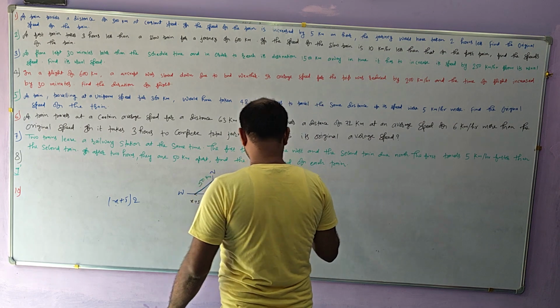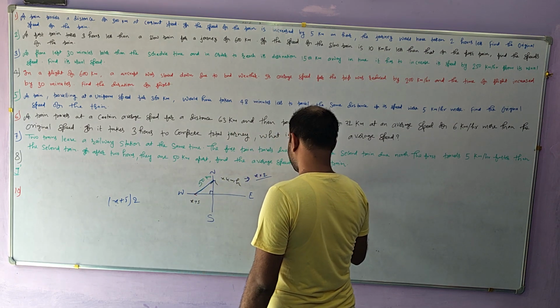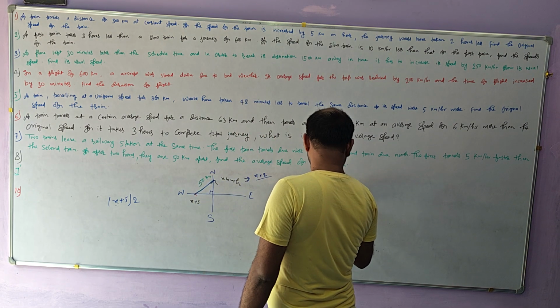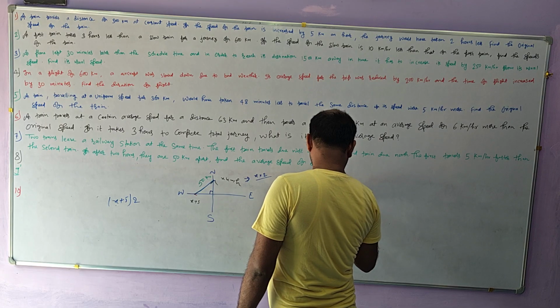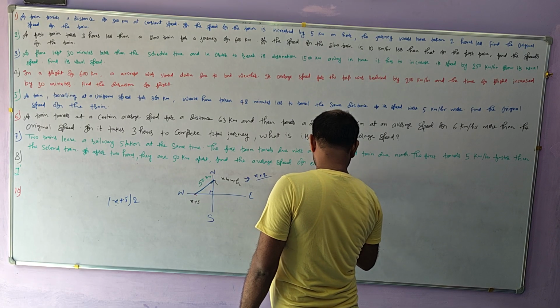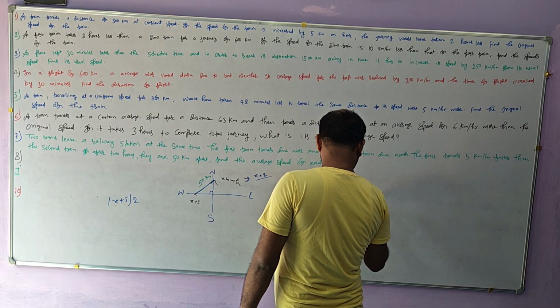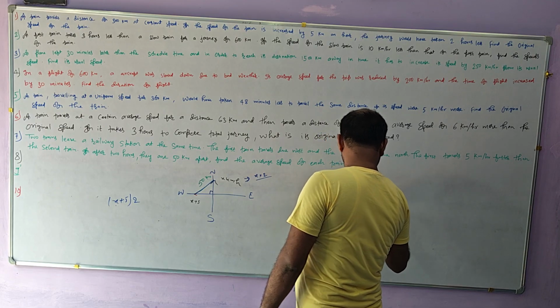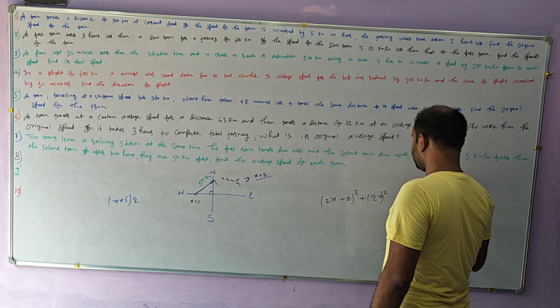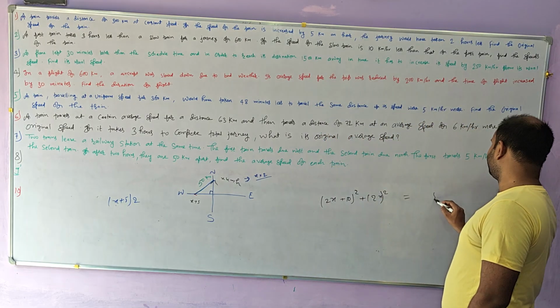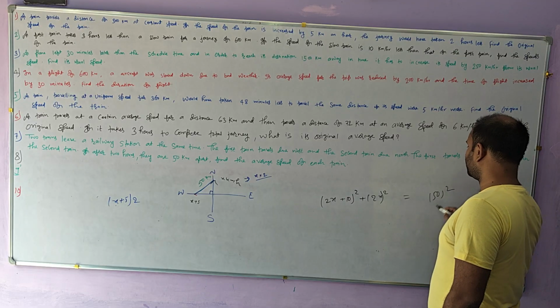So we apply Pythagoras theorem, and we have (x plus 5), that means (2x plus 10) square plus (2x) square, that is equal to 50 square.